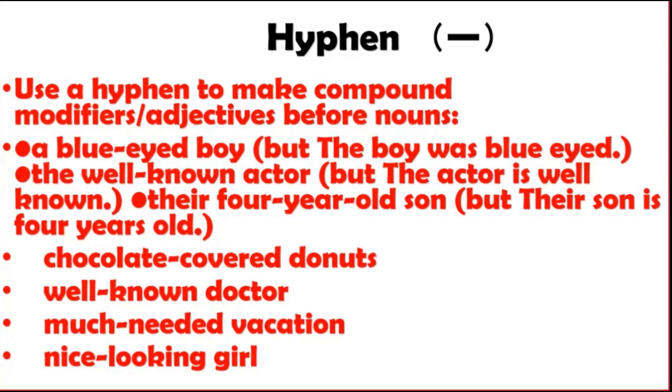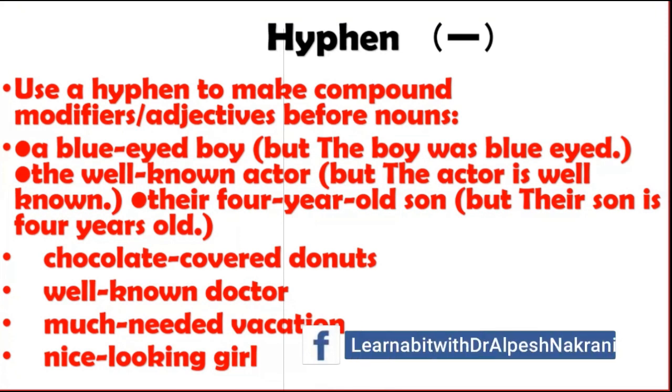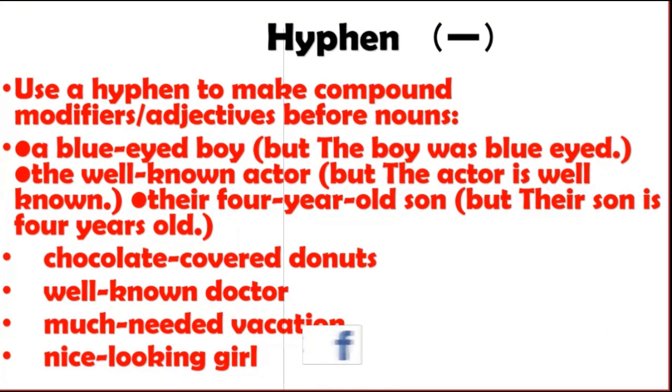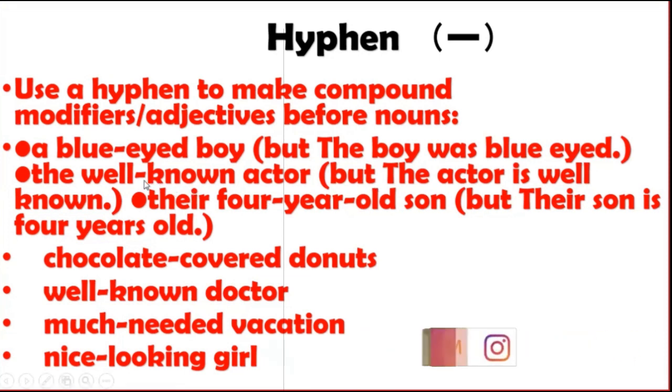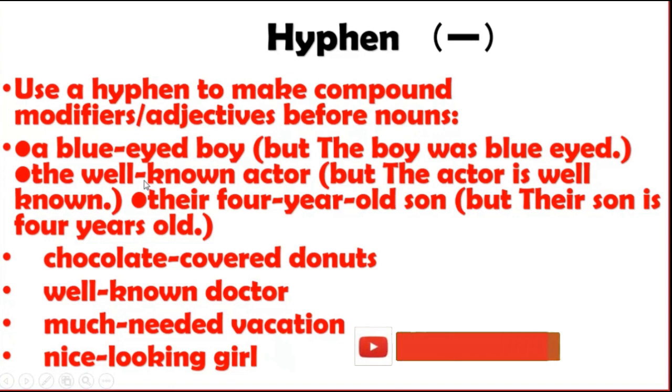How is the boy? A blue-eyed boy. Means a blue-eyed is an adjective. It is modifying the noun boy. So when there are two words and which are performing the function of modifier, we can use hyphen over there. The well-known actor, well and known, we can use the hyphen here.